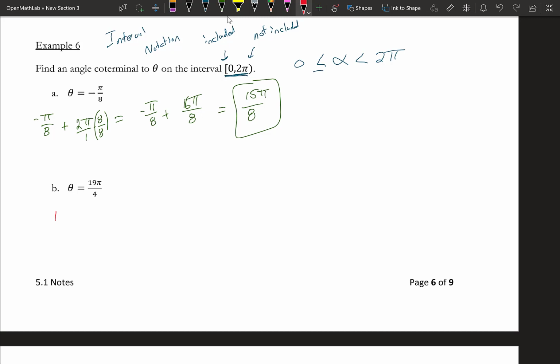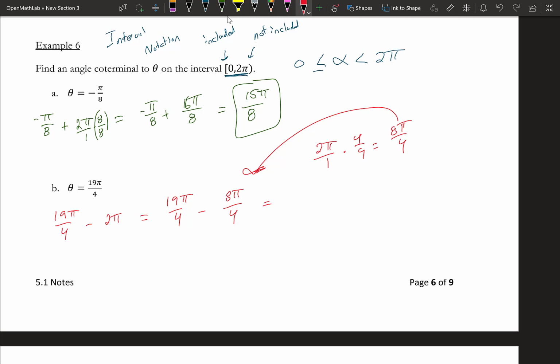We take 19 pi over 4 and subtract off 2 pi, which would be 19 pi over 4 minus 8 pi over 4, because if we take 2 pi over 1 and multiply by 4 over 4, that gives me 8 pi over 4. That's where I get that value from.